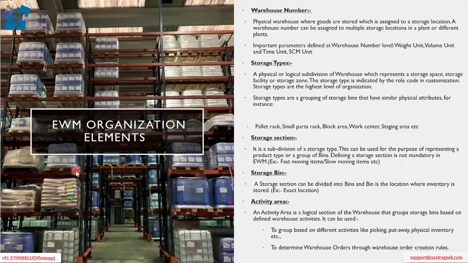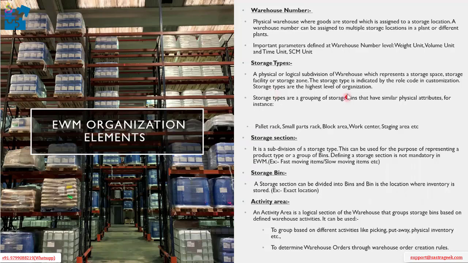For example, this is where we store all kinds of raw materials, and in some cases you might need to store the products in a different storage type. So each and every storage type has its own physical attributes.